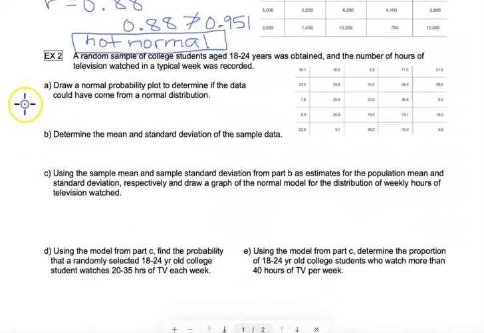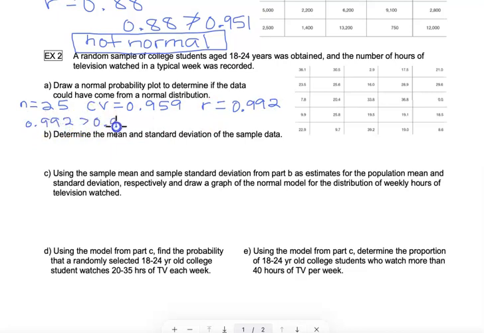So I have N equals 25, critical value equals 0.959, and the R that I got from StatCrunch was 0.992. So in this case, 0.992, my R, is greater than my critical value, 0.959. So yes, in this case, it could have come from a normal distribution.